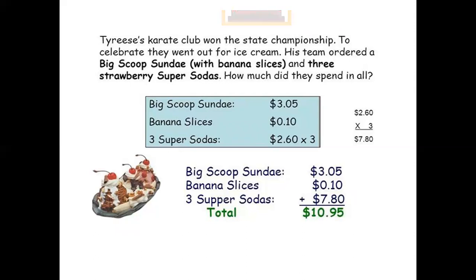So big scoop sundae cost rupees 3.05, banana slices 0.10 and 3 super sodas with 2.60 each, and 3 multiplied by 2.60 is 7.80. So big scoop sundae 3.05 is added with banana slices 0.10 and 3 super sodas that is 7.80. The total money they have given is 10.95.